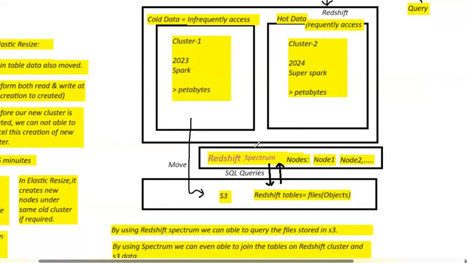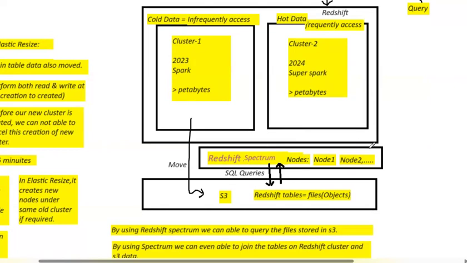Since we are using Redshift Spectrum, we will be charged only for the data scanned from S3. Based on the demand of queries, Redshift Spectrum can scale up to thousands of Spectrum nodes, and data is processed in parallel in this architecture.